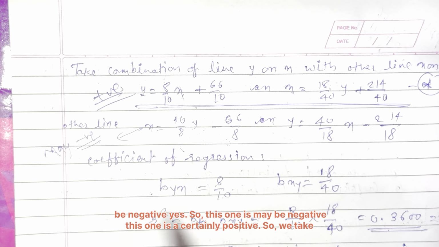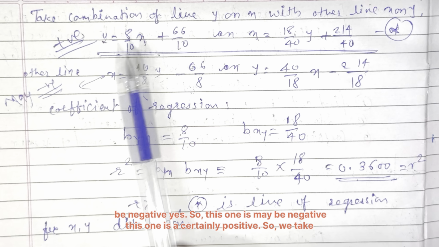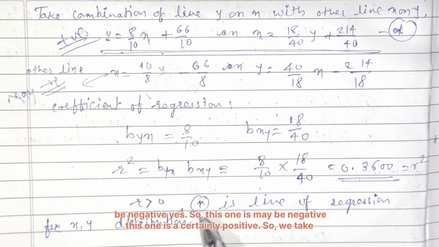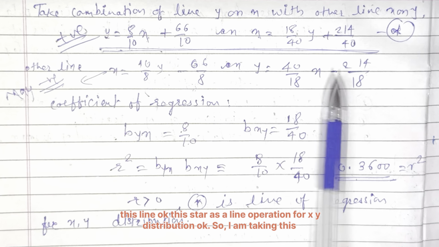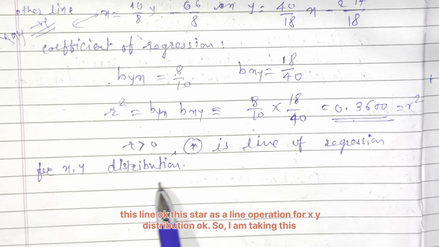So we take this star as the line of regression for xy distribution.